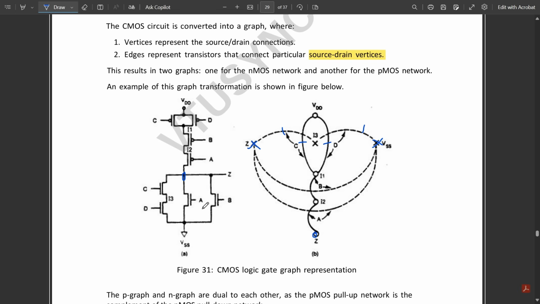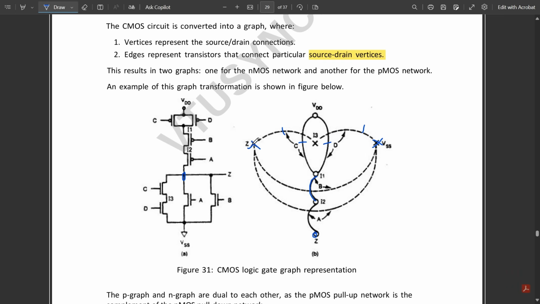These two are C and D, and similarly A and B from Z to the ground are connected in parallel. From Z, this curve passes through the curve of B which you have drawn earlier. So this curve should be touching that curve, so that these two represent a single input, that is B. This B is given from Z to ground, so they are drawn with a dotted line.